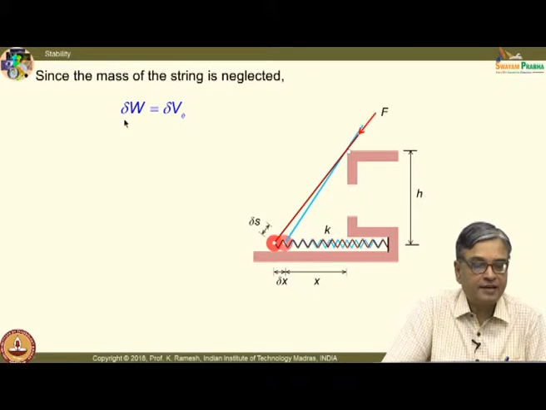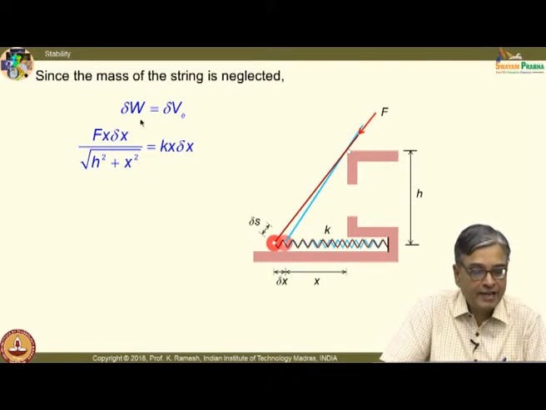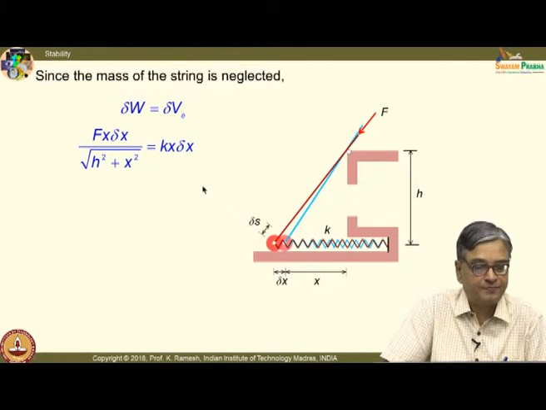So, I get delta W equal to delta VE when I treat spring as a part of the system. So, I get this expression. I have already mentioned that even if I use the virtual work method, replacing the spring by an active force, the final expression would be identical to this. There is no change.